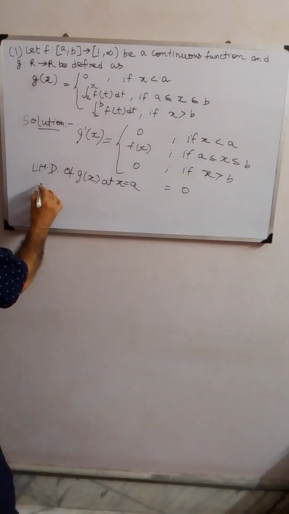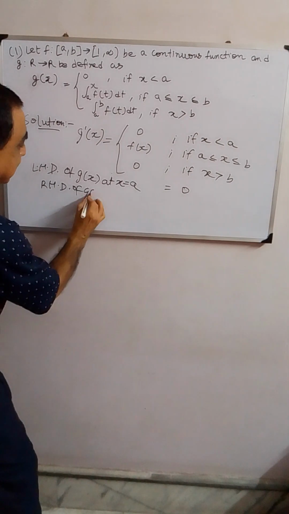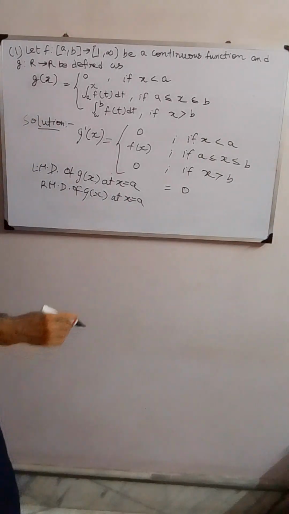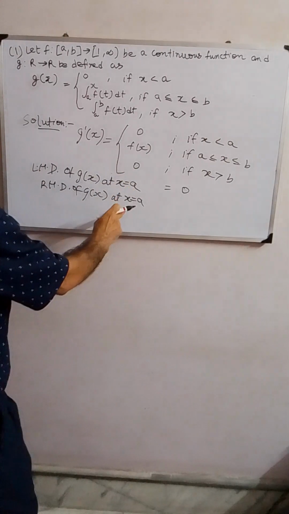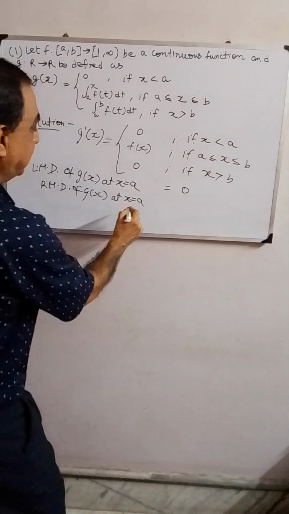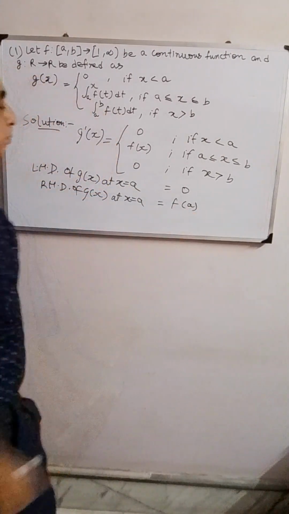And the right hand derivative of g(x) at x equals a, that is, when x is greater than a, what is the d/dx of g(x)? It is equal to f(x). So here in place of x I will put the value a, so this is equal to f(a).